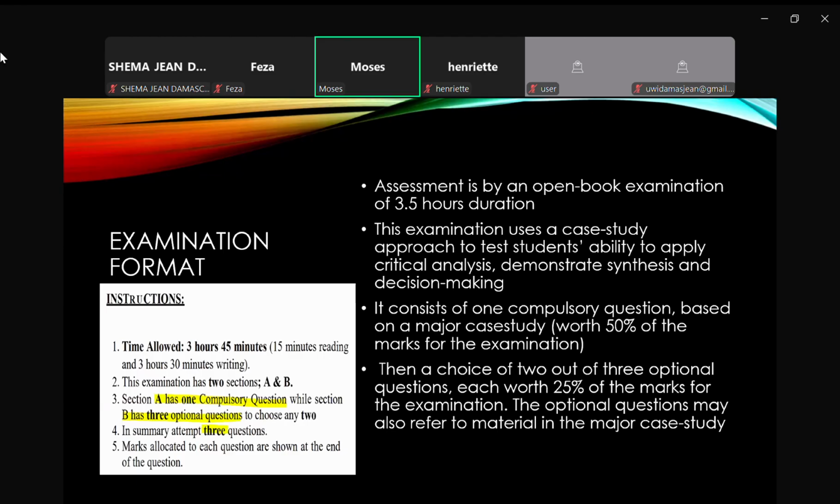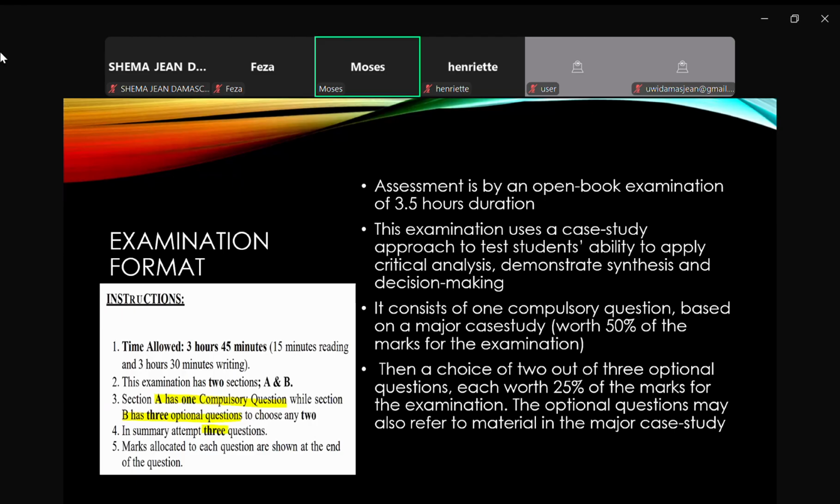Assessment is by an open book examination of 3 or 5 hours duration. This examination uses a case study approach to test the student's ability to apply critical analysis, demonstrate synthesis, and decision making.